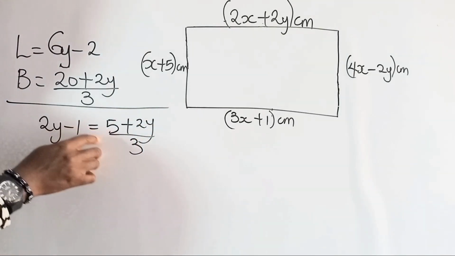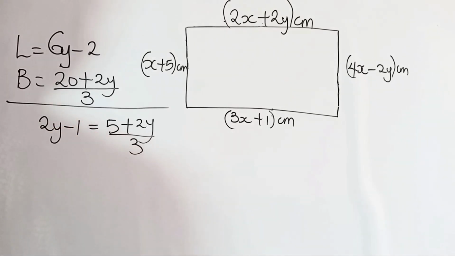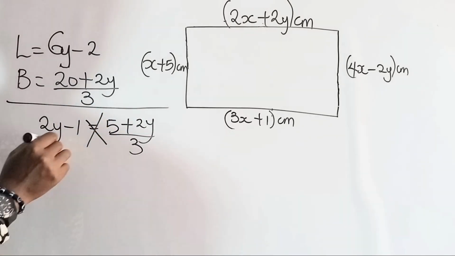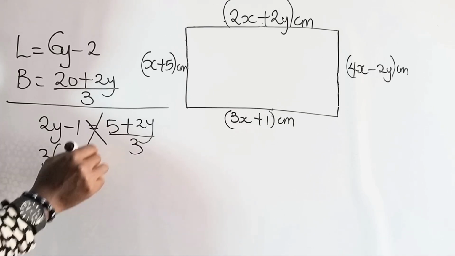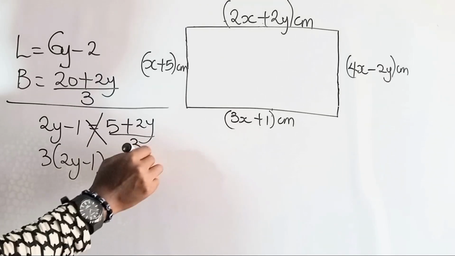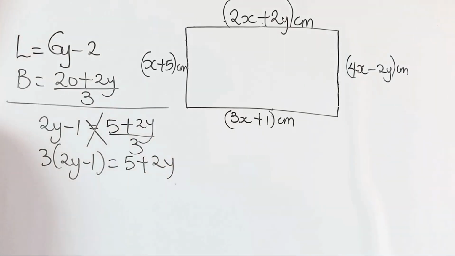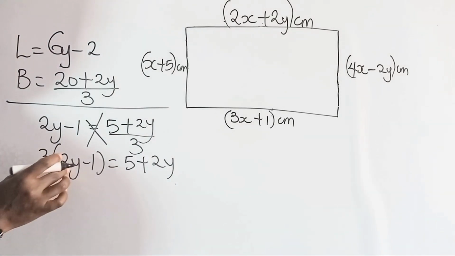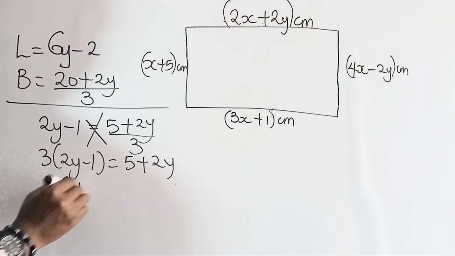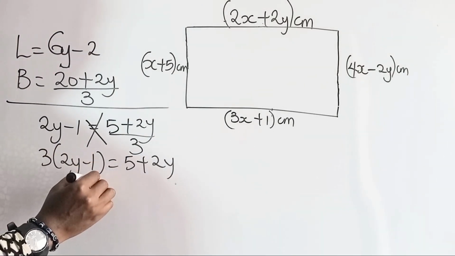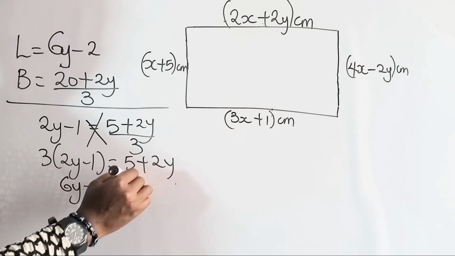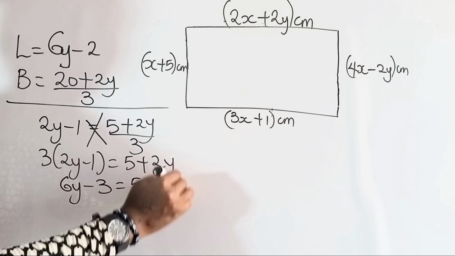To do this, we are going to eliminate this fraction by cross multiplication. So 3 times (2y minus 1) equals 5 plus 2y. Let's expand the bracket. We have 3 times 2y will give us 6y, minus 3 times minus 1 will give us minus 3, equals 5 plus 2y.